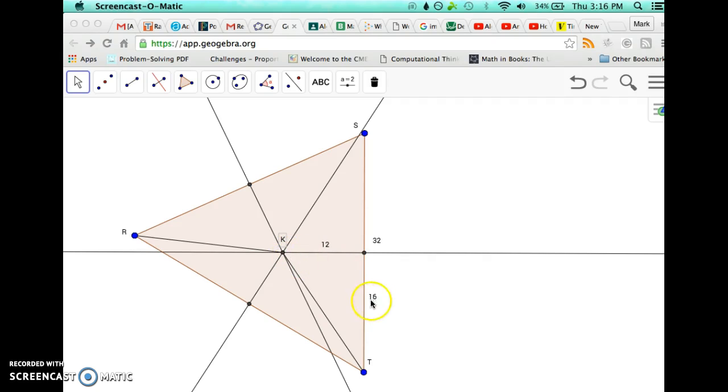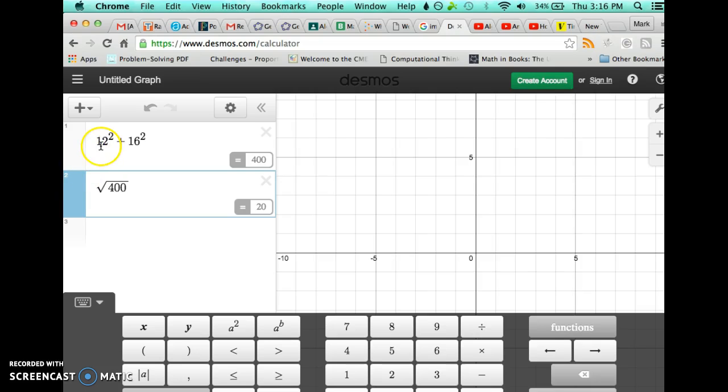This one right here. And so I can use the Pythagorean theorem, which says 12 squared plus 16 squared equals c squared. So I open my calculator. 12 squared plus 16 squared equals 400. Okay, good. So c squared equals 400. So then c is the square root of 400, which happens to be 20.